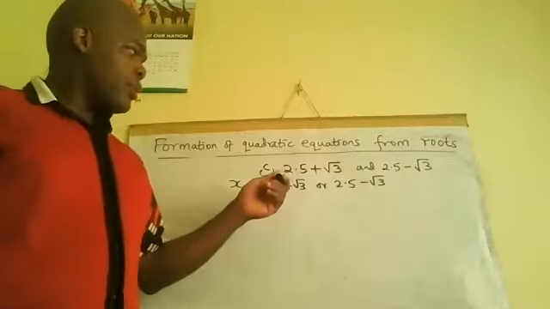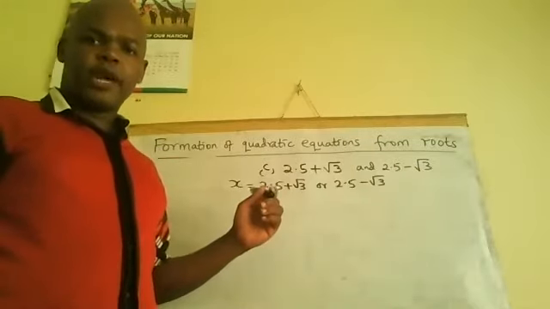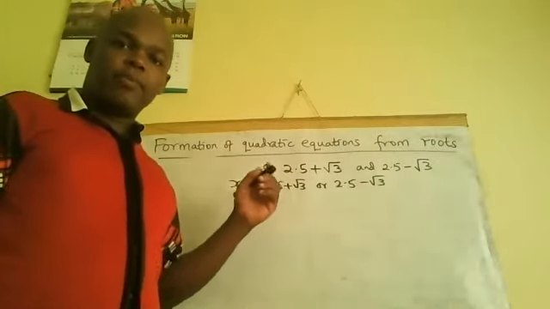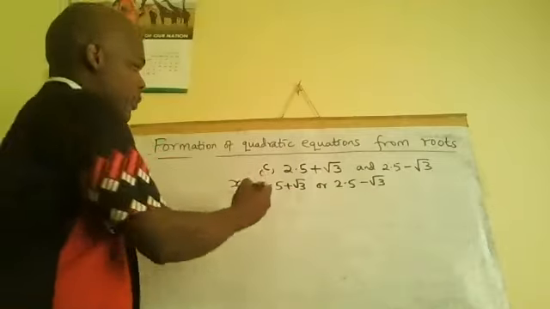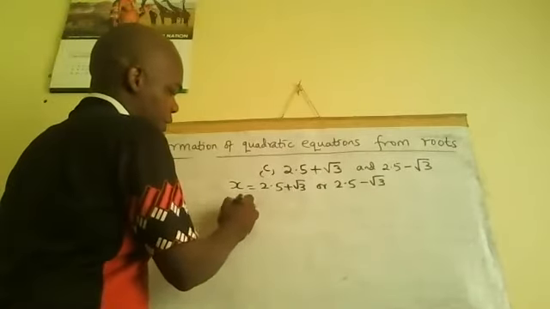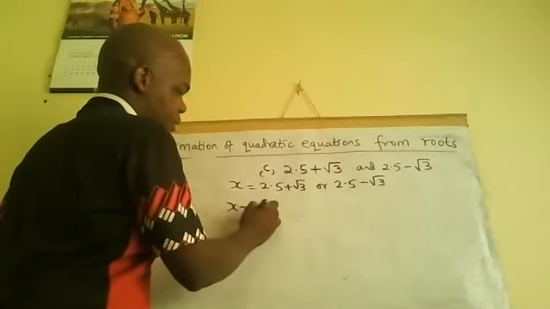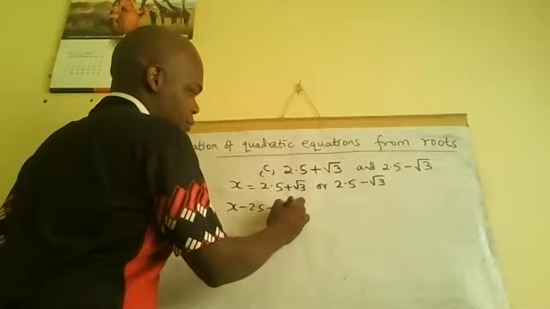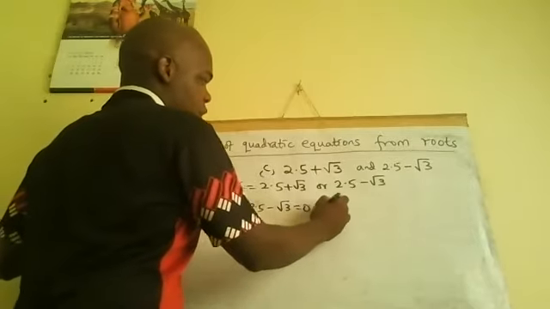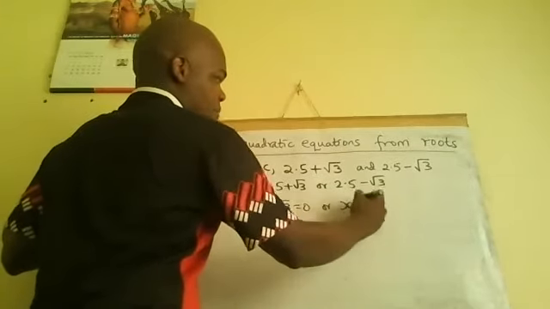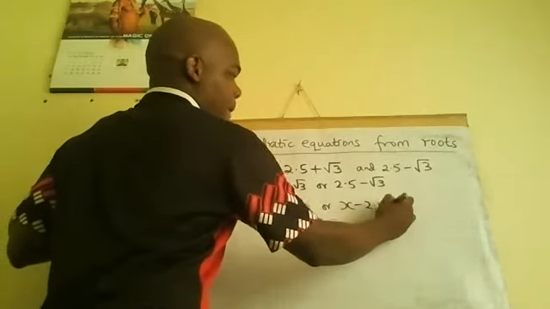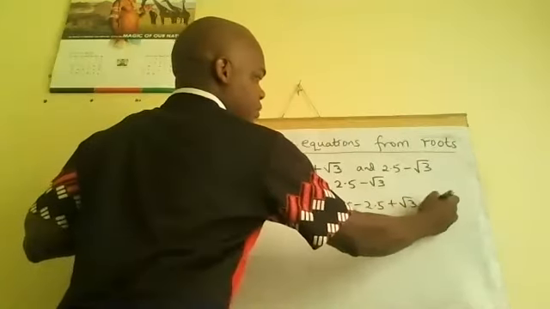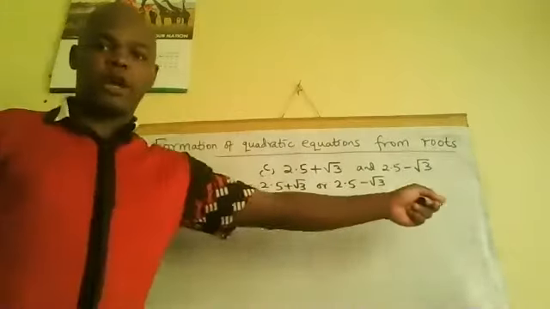When you cross the equal sign, the signs change. So you have x minus 2.5 minus square root of 3 equals 0, or x minus 2.5 plus square root of 3 equals 0. That is what we have.